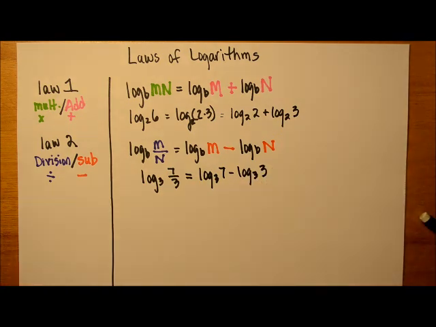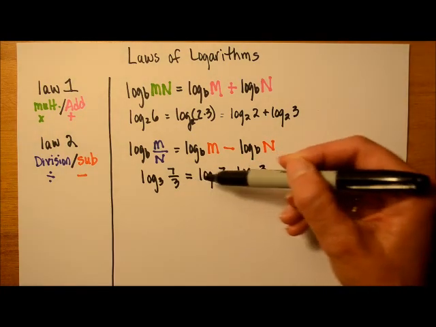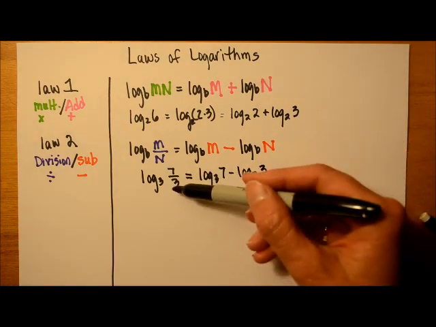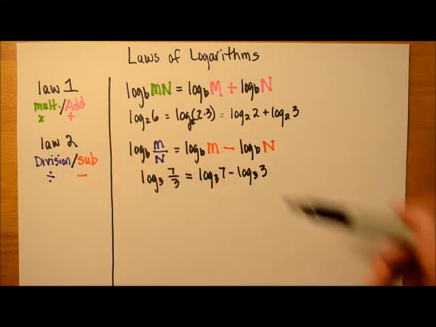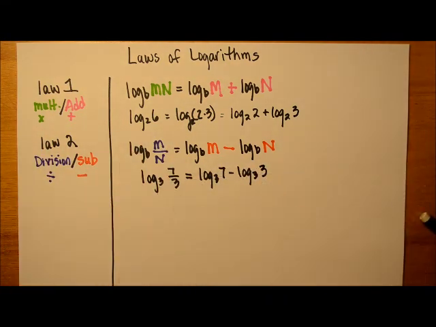Okay, so something like that is what it would look like. So if you have division, you go into subtraction. Now they might want you to go this way, and they might want you to go back that way. Okay, and they'll ask you for what they want.